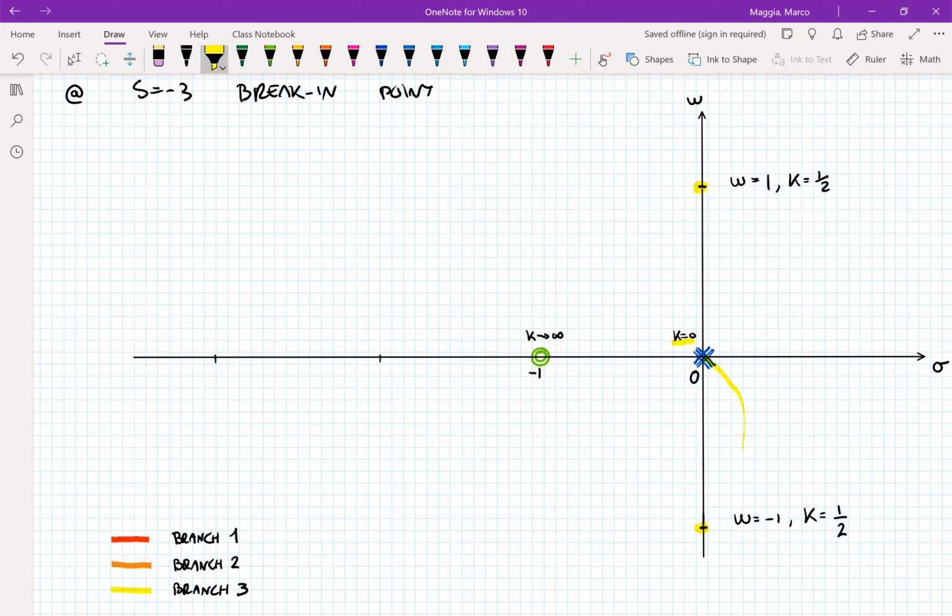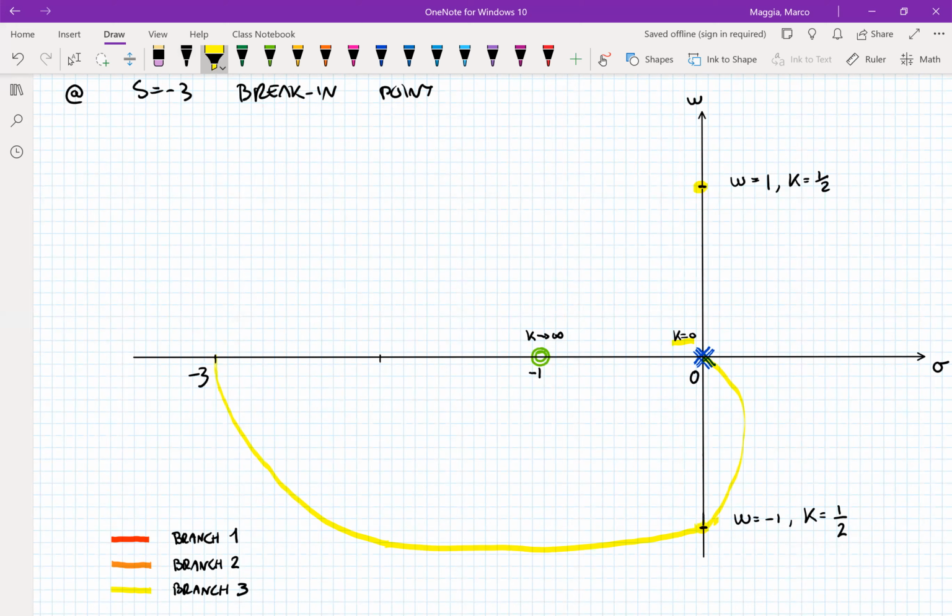Let's go downwards first, and we intersect the imaginary axis at minus j, or omega equals minus 1, and that happens for k equals 1/2. And then we travel all the way until we come back, hitting the real axis at minus 3, at our break-in point.